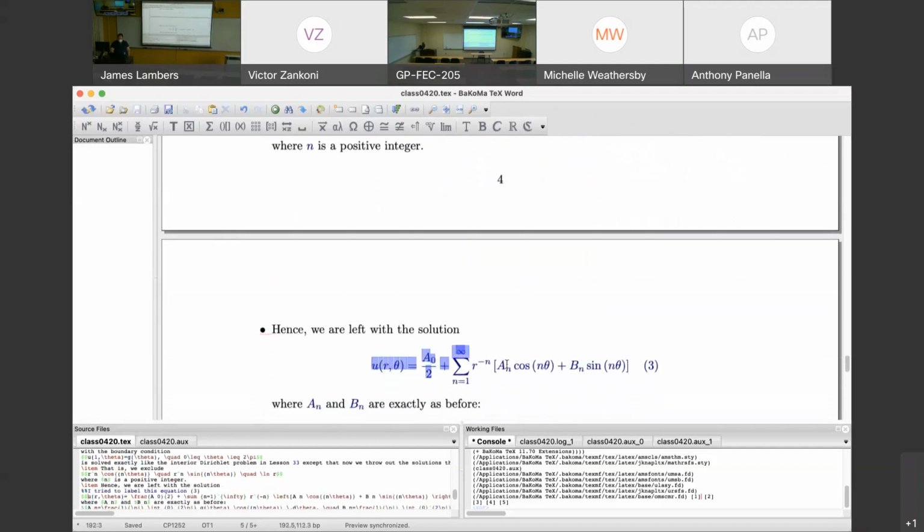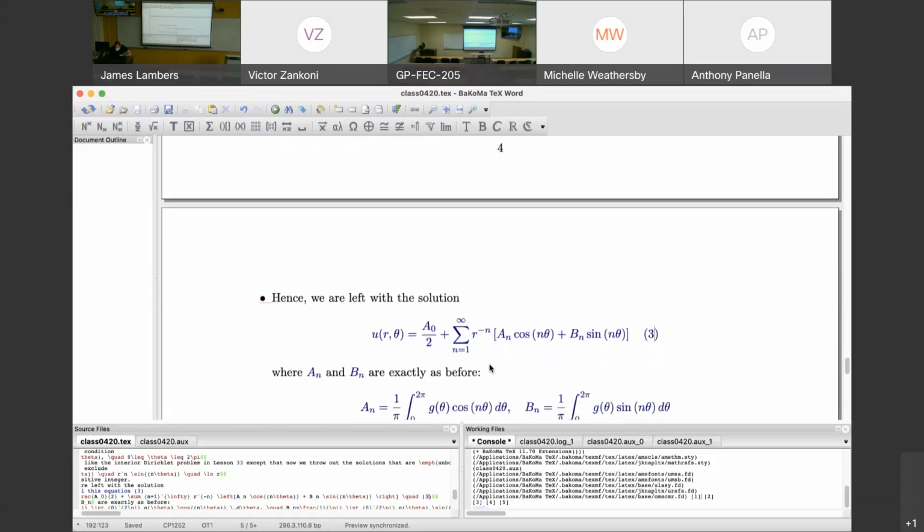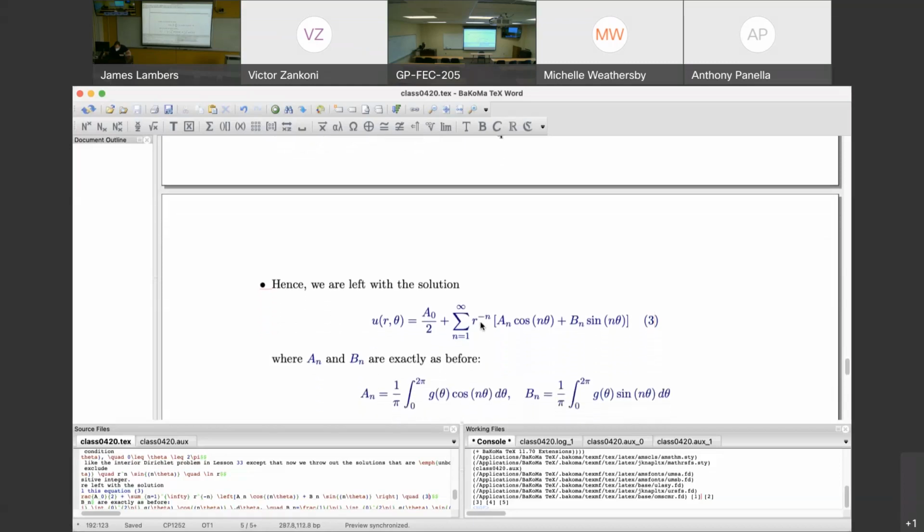So here's our solution formula now. And notice it looks exactly like the one for the interior problem, except now we have an exponent of minus n. And then we have the same formulas for a_n and b_n for satisfying the boundary data.